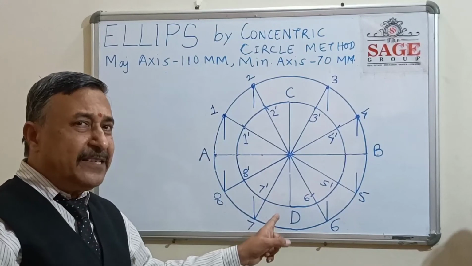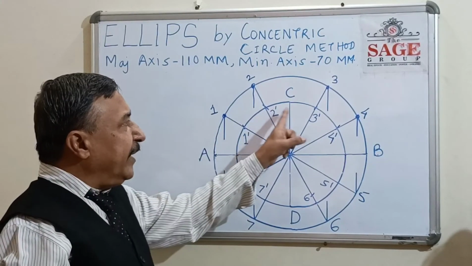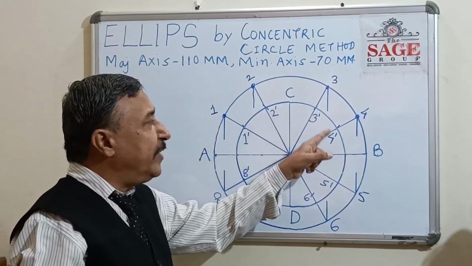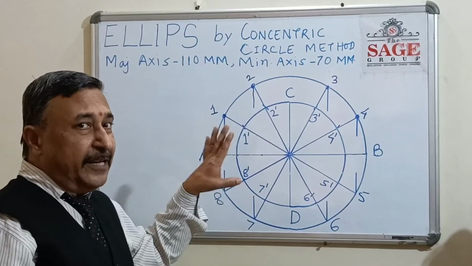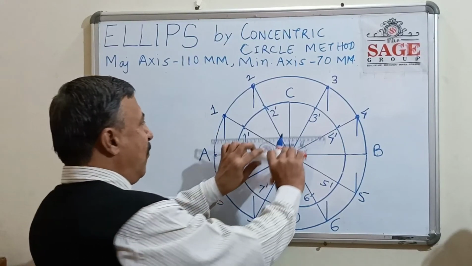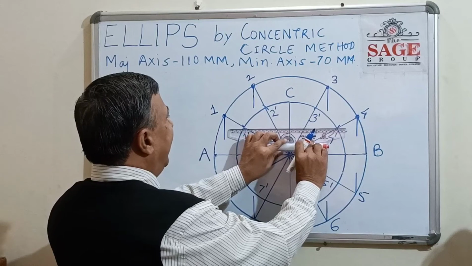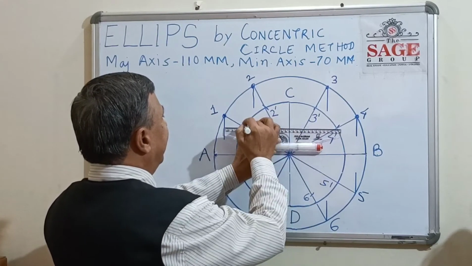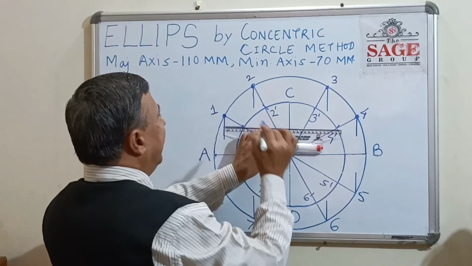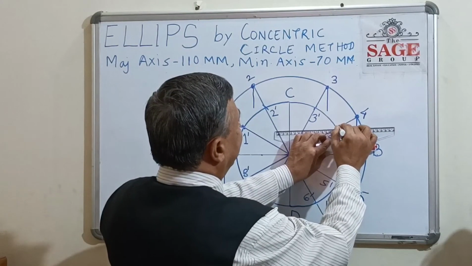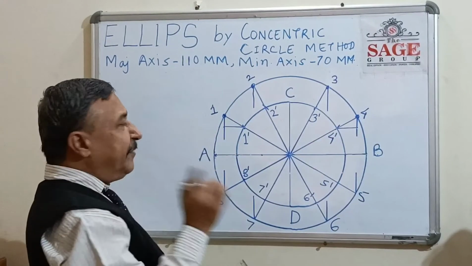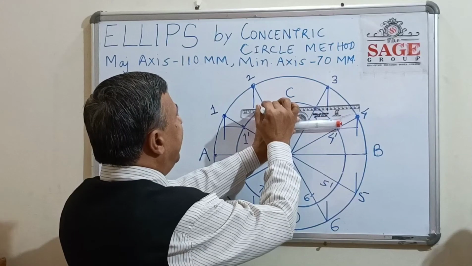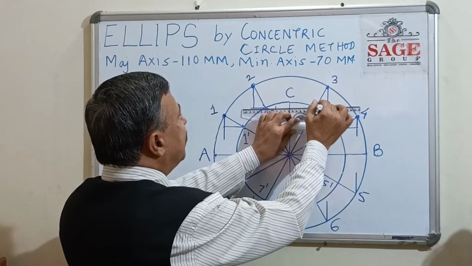Now just like this, we draw the horizontal lines through 1 dash, 2 dash, 3 dash, 4 dash, etc. in just 4 strokes. How? See here, from 1 dash and 4 dash, a similar line. This is towards left and this is towards right. Similarly, from 2 dash and 3 dash, this is towards left and this is towards right.